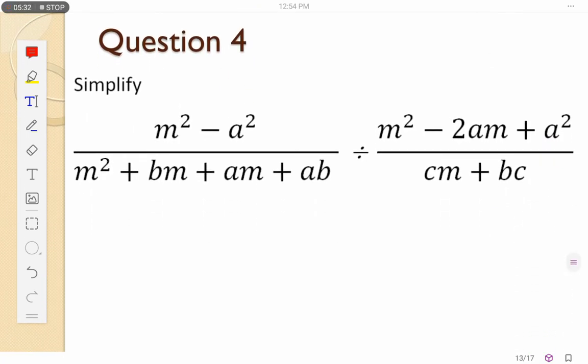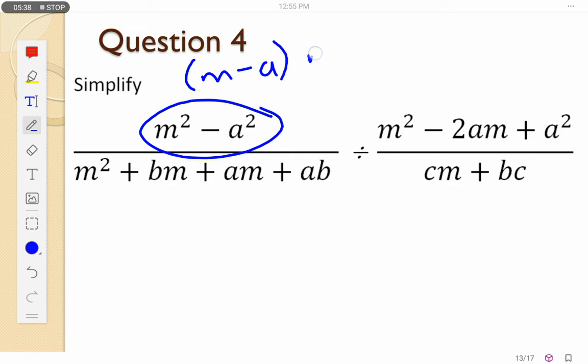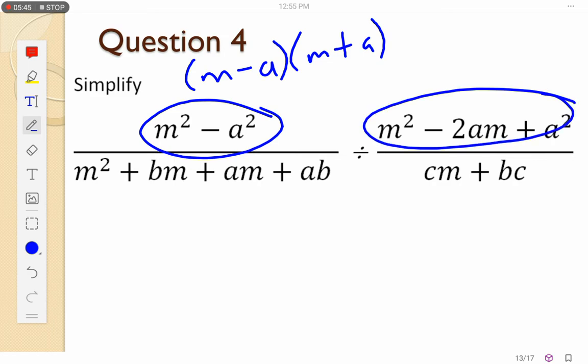Okay, here we have got similar terms. Perfect square. We have m minus a, m plus a. Then for this one I can simplify it and have factors of m minus a and m minus a.